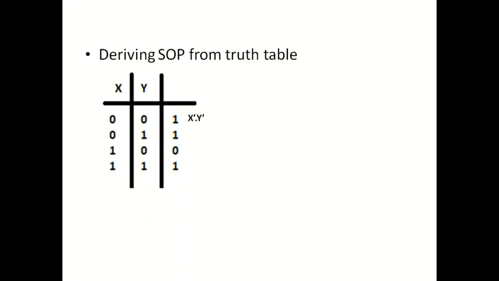Because if we put the values of x and y in this, we get 0 complement dot 0 complement, which equals 1 dot 1, and so the value is going to be 1. Then the second term is x complement dot y, because x has the value 0. And then the last row is x dot y, because both variables have the value 1. So now we have identified these 3 min terms.